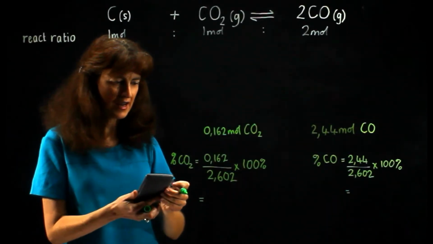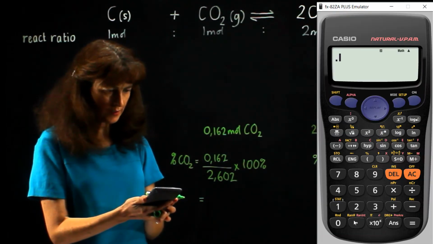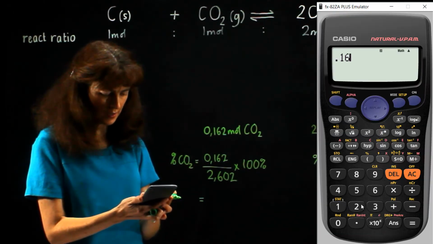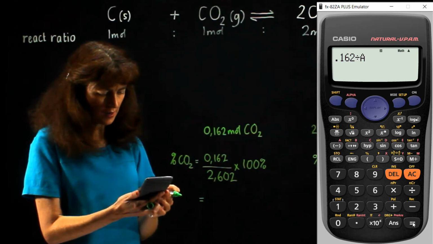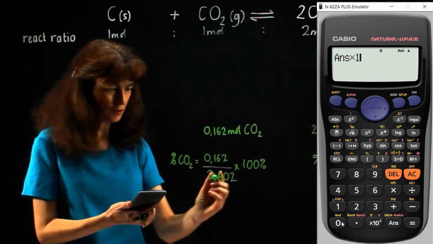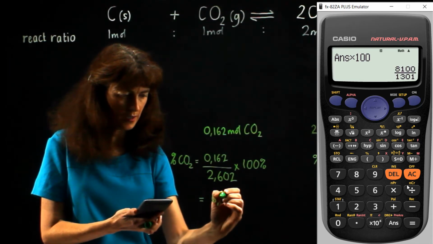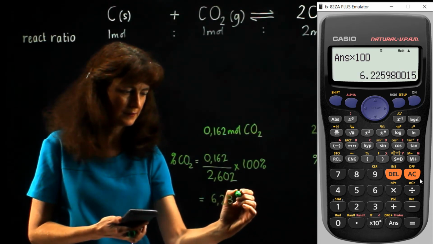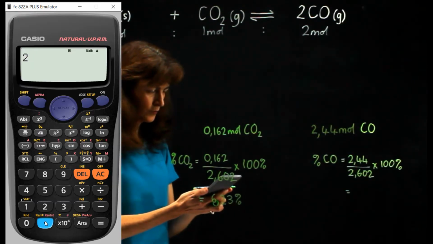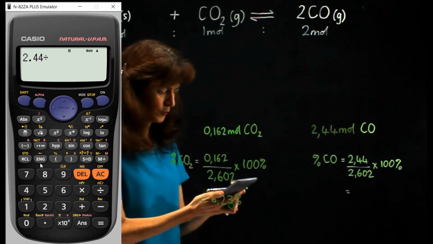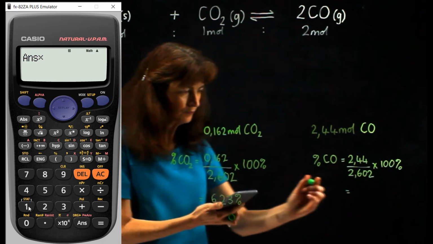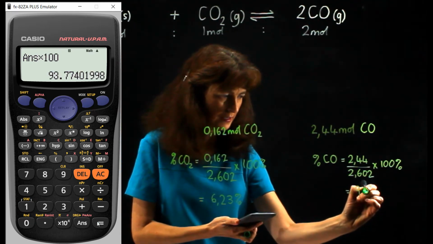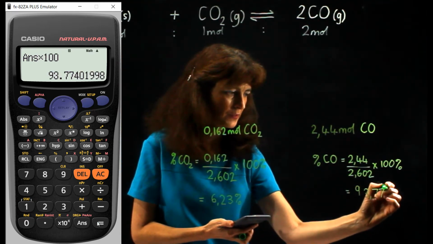Very easy calculation on the calculator. 0.162 divided by 2.602 multiplied by 100 is equal to 6.23%. Whereas here we have 2.44 divided by 2.602 multiplied by 100, 93.77%.